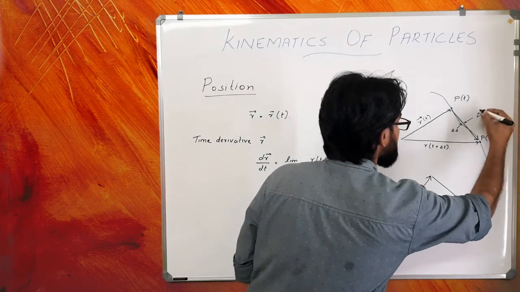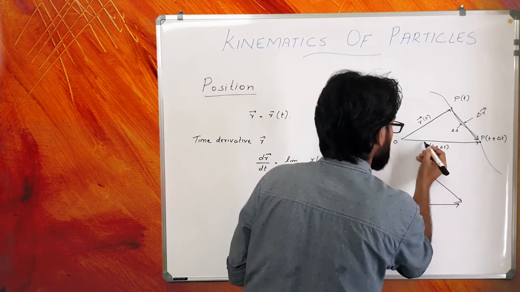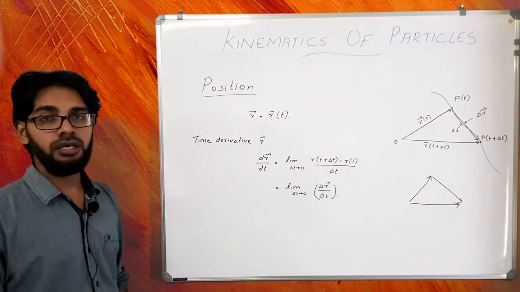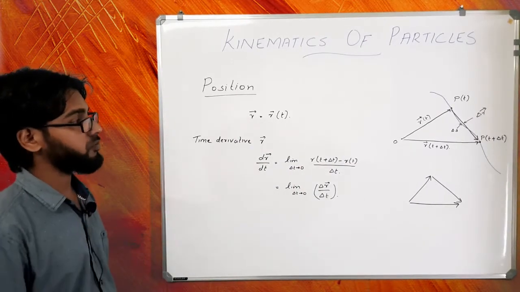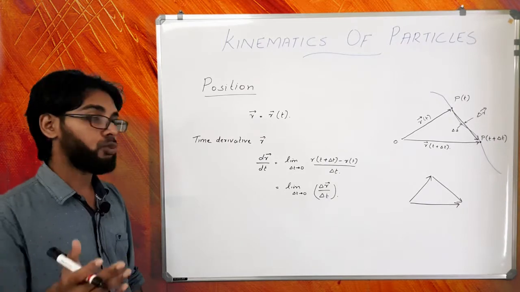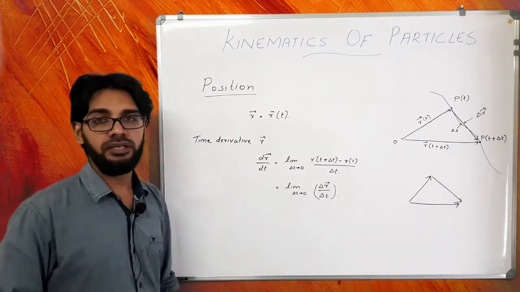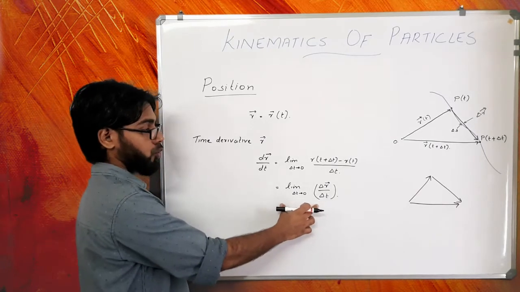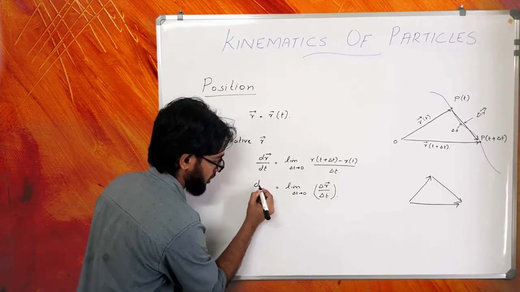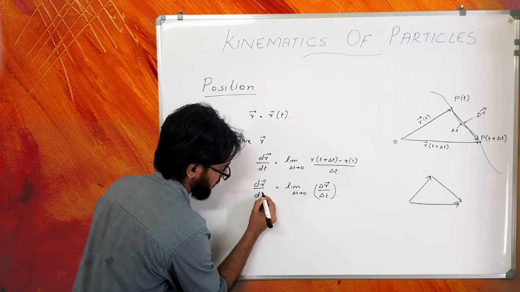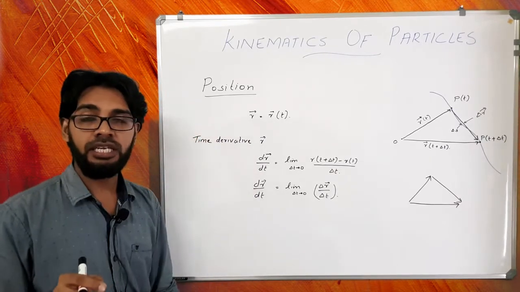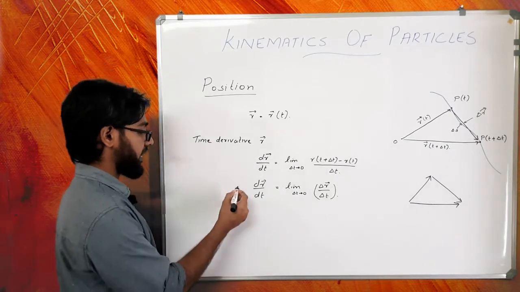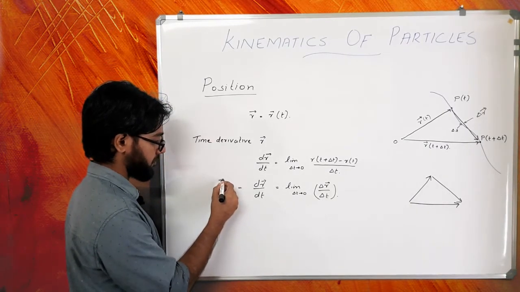This is actually a vector. Make a habit of drawing an arrowhead in case you represent vectors, so that you don't get confused between scalars and vectors. Now, this corresponding equation, that is the time rate of change of position, is called velocity.